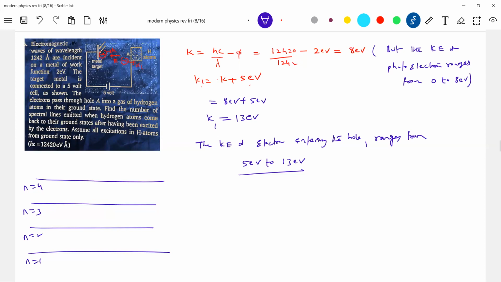So delta E for 1 to 2 is 10.2, for 1 to 3 is 12.09, and for 1 to 4 approximately 12.74.